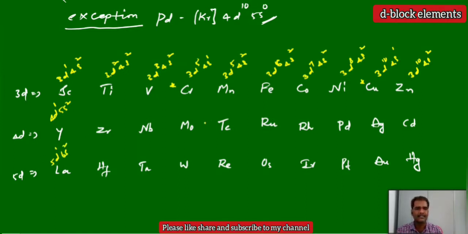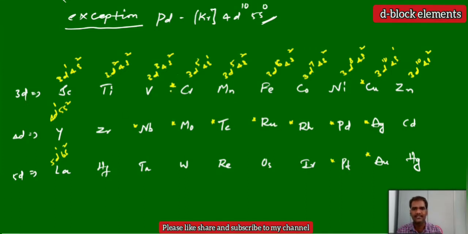But here some exception configurations are there, for the elements niobium, molybdenum, technetium, ruthenium, rhodium, palladium, silver, gold and platinum. These elements can show some abnormal electronic configuration just like chromium and copper.